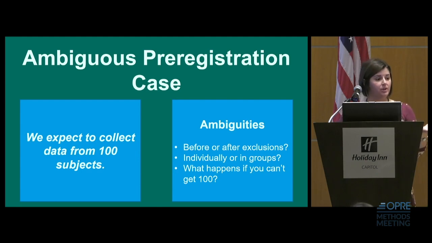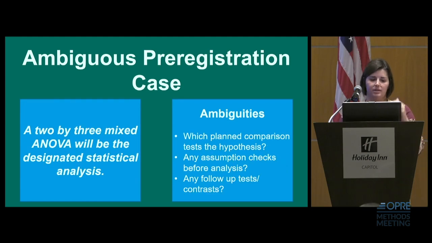What happens if we don't hit our target? There's still a lot of unconstrained flexibility in that one sentence, right? So each part of the plan needs to be scrutinized to make sure that it's specific. And these are the kinds of things that you confront immediately when it comes time to analyze the data. But what we're trying to do is shift that confrontation to the front part of the research process rather than the back end.